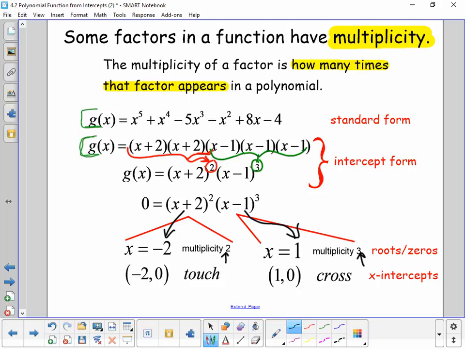The x-intercept associated with that first one is the point (-2, 0). And because it's multiplicity 2, that means it's going to just touch the x-axis and turn around. It's not going to go across. And the second x-intercept is 1. And at that x-intercept, instead of touching and going across, it's going to have a terrace like this, where it gets flat for a second.